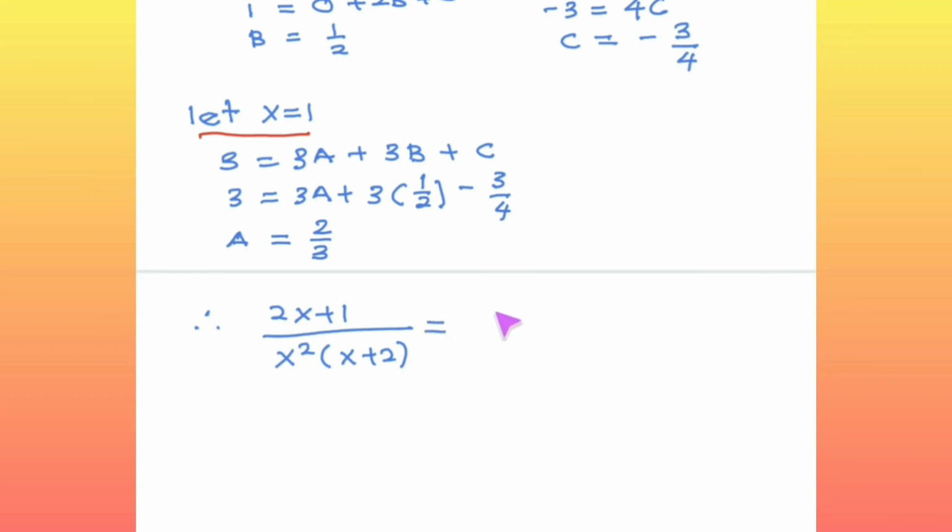What is a? a is 2 over 3 times x, okay, plus b. b is 1 over 2, so 1 over 2 times x squared, and then plus c. c is negative 3 over 4 times x plus 2. Okay, so this is our partial fraction expression.